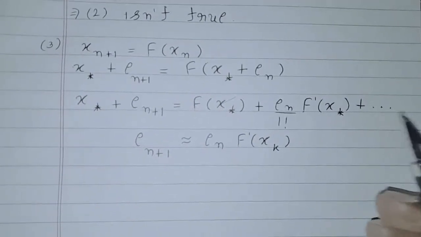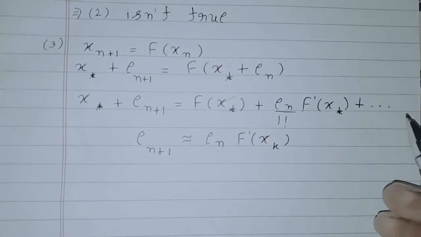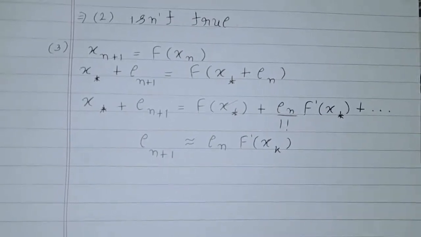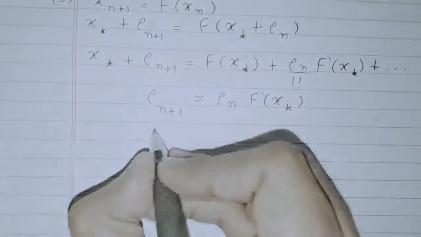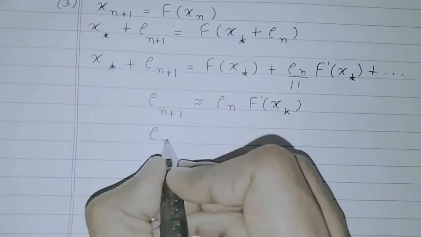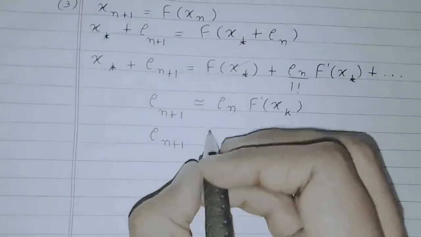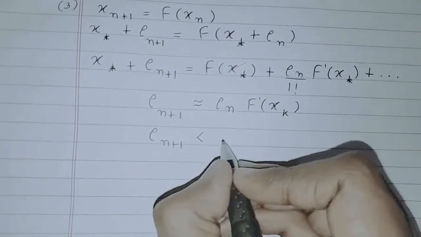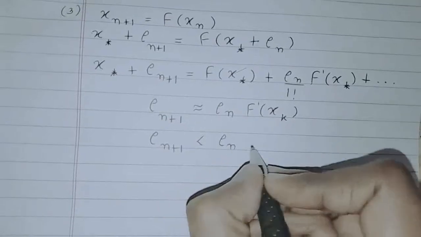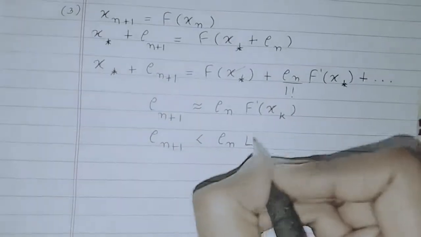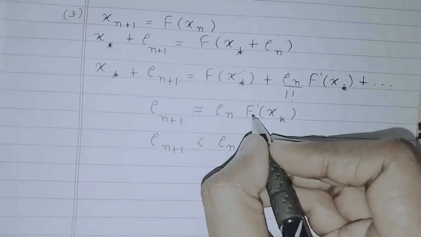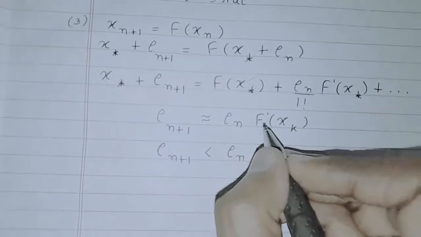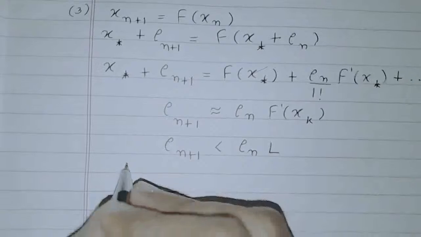Also here we have neglected all other terms which involve higher powers of this error en, and therefore we obtain the relation, where L is the maximum value of the derivative of function f over closed interval 0, 1 as given in the problem. Therefore option number 3 is true.